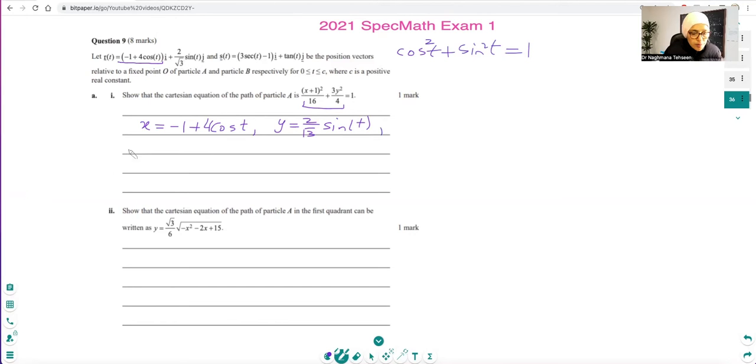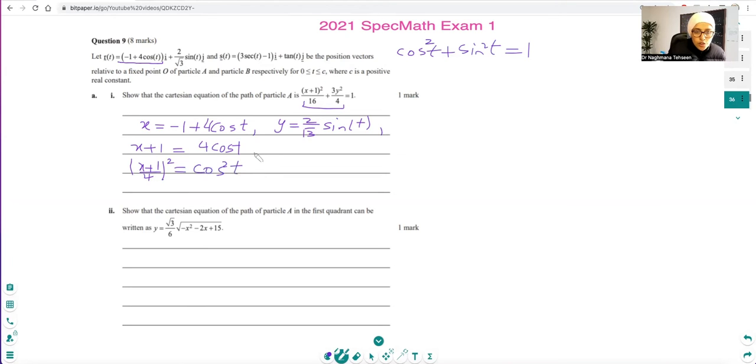Okay, so let's see what we can do. We get x plus 1 equal to 4 cos of t. When I divide that by 4, I get x plus 1 over 4, and then I take a square of that, which will give me cos square t.